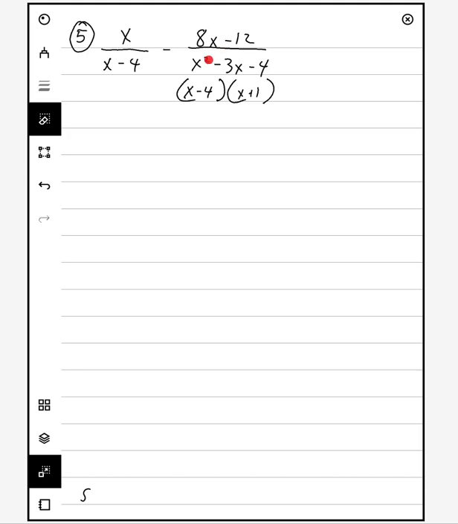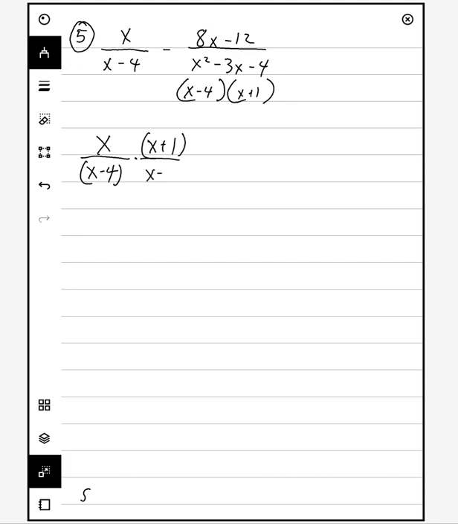So now that we know that this is basically the same as x minus 4 times x plus 1, we know that this side just needs to be multiplied by that, right? Because it's already x minus 4. This side is just missing x plus 1. So let's multiply x over x minus 4 by x plus 1 over x plus 1.